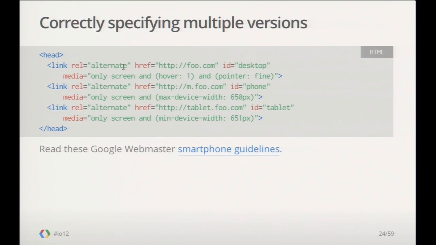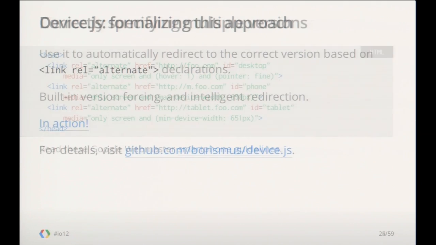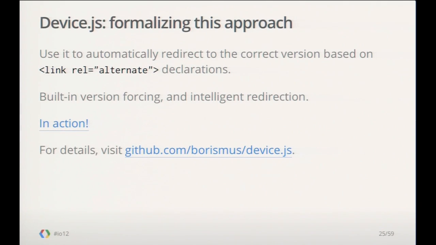This is good for crawlers that are indexing your site so that they can know which versions exist and crawl them with these different settings. One thing that you might want to do is, based on these versions that you've declared up front, redirect correctly. The web doesn't do this for you.